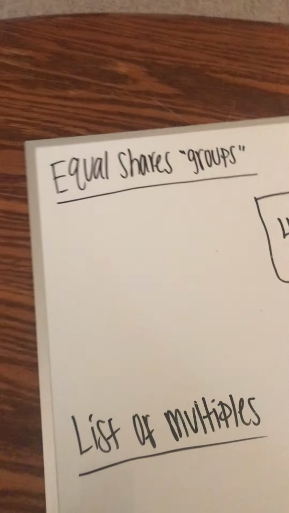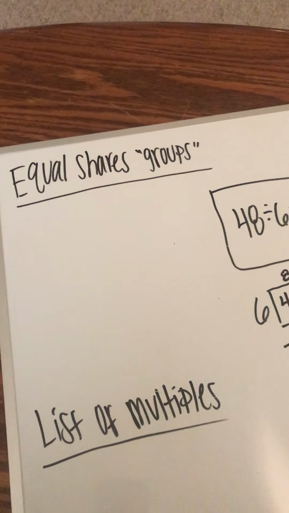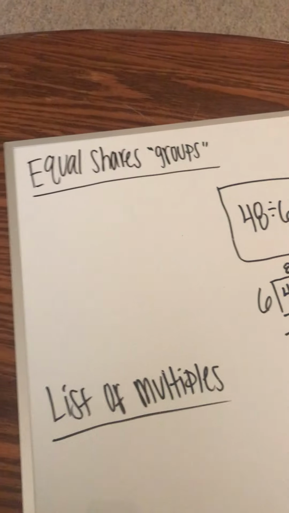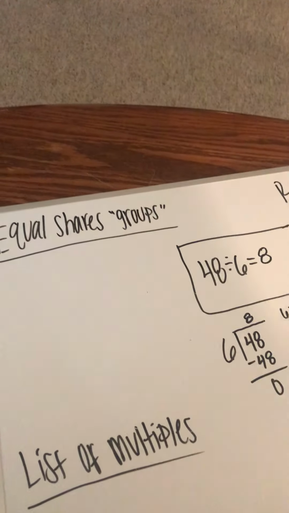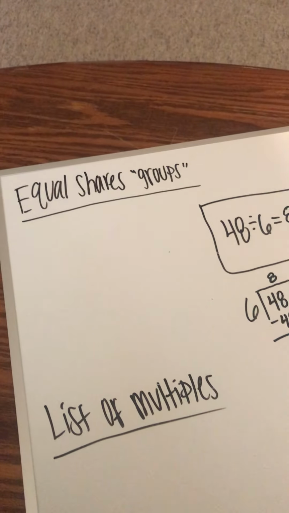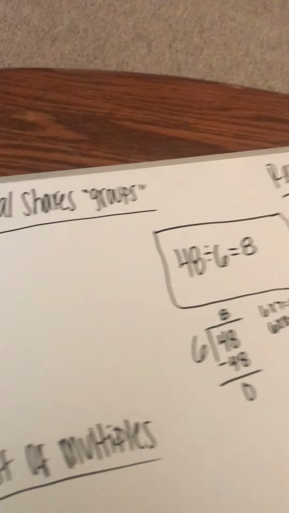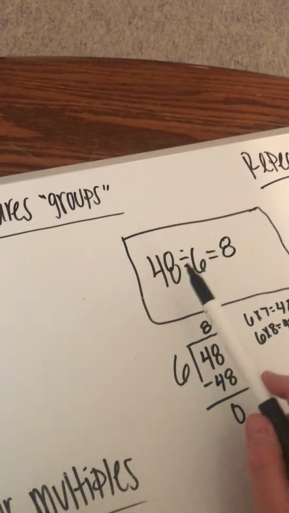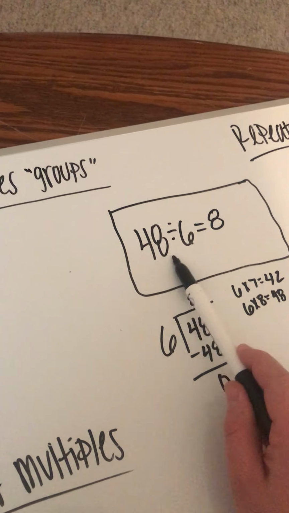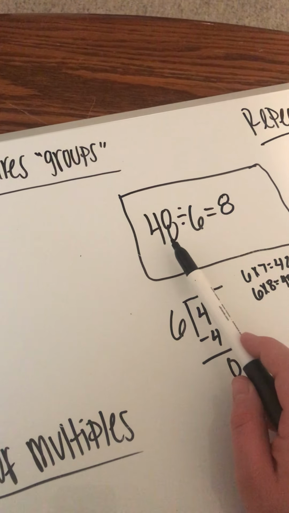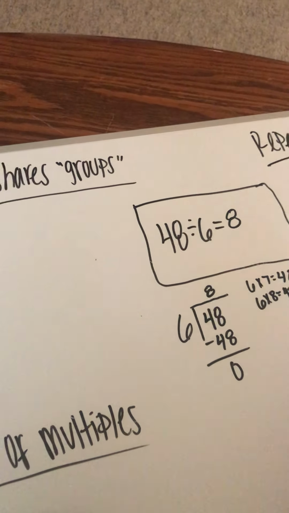All right, so going back to our worksheet, it wants you to look at specific techniques with division, or different ways that you can show your answer to a division problem. So if we look at equal shares, or in this case it's talking about equal groups, it wants you to take your big number, 48 right here, and split that up into equal groups.